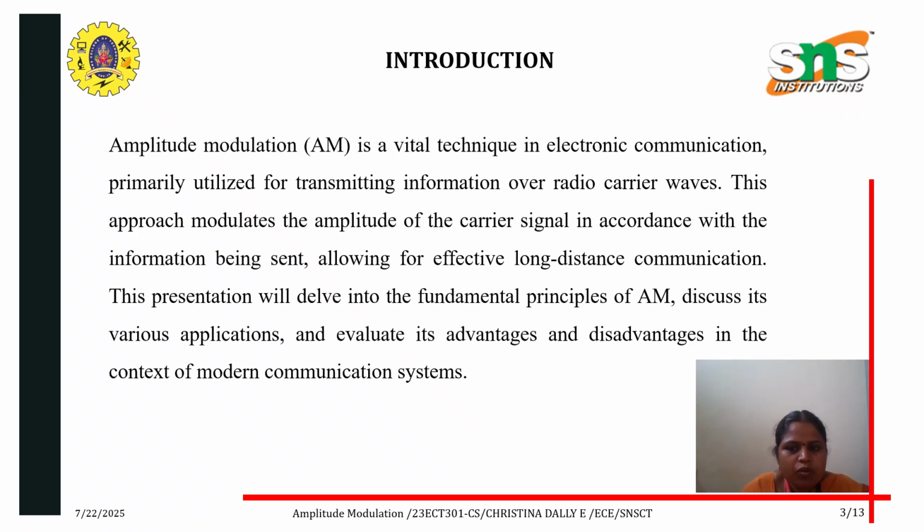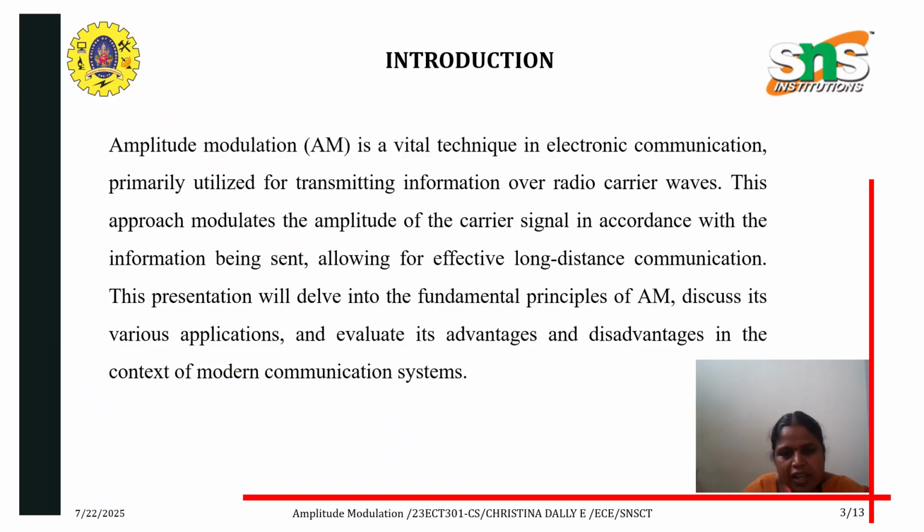So already we know what we mean by modulation. In the last video, we discussed what modulation means. We have so many types of modulation: amplitude modulation, frequency modulation, phase modulation. So what is the purpose of amplitude modulation and why are we going for it?